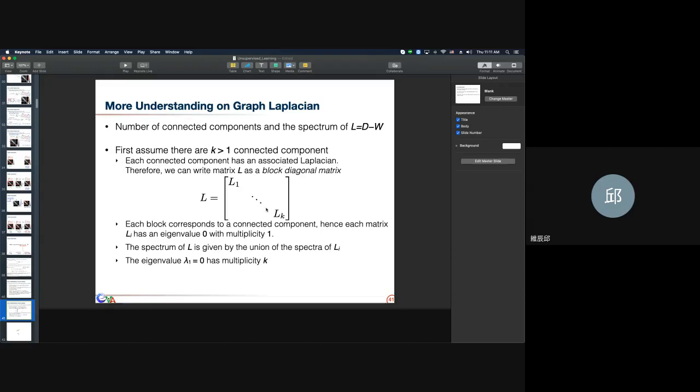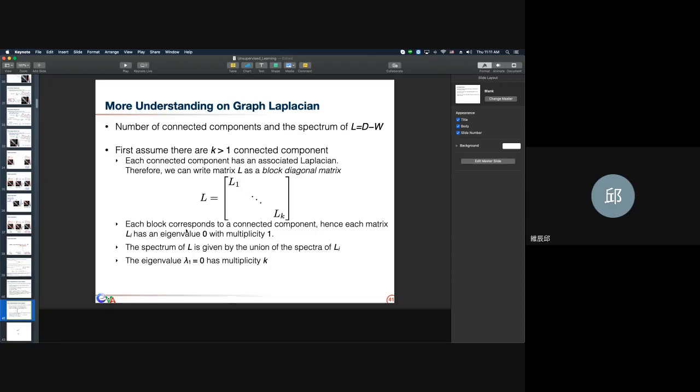All the other blocks, each block will contribute one eigenvalue equal to 0. So overall, because in this L matrix you have k blocks, every block will have an eigenvalue 0.